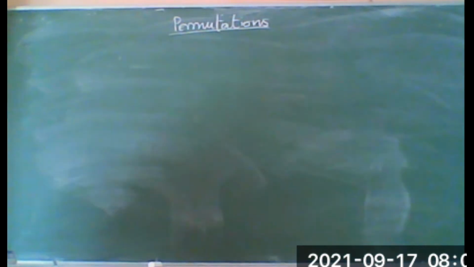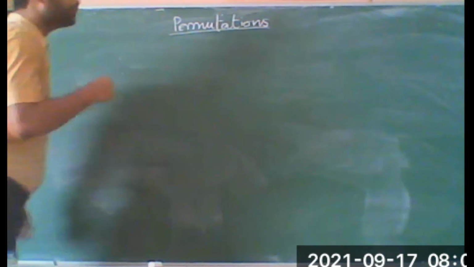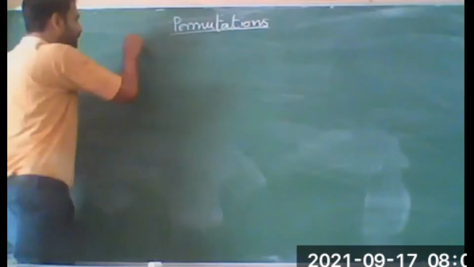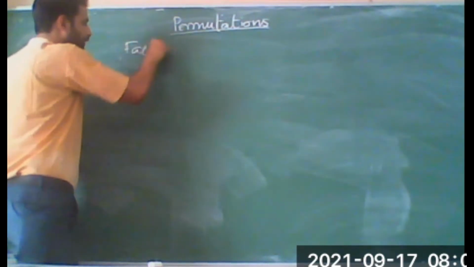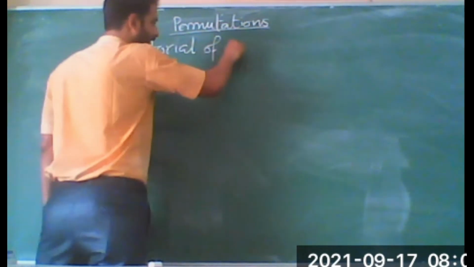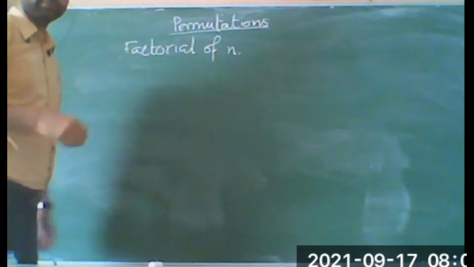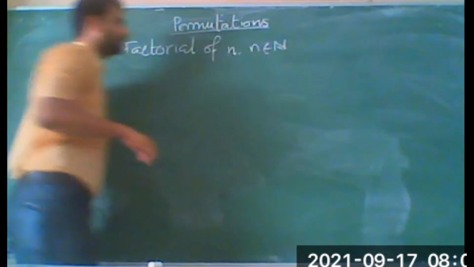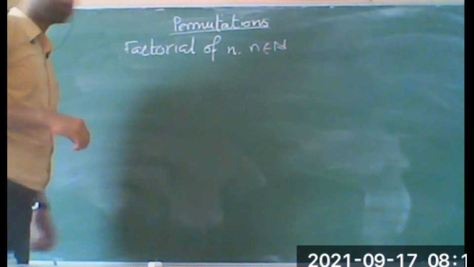We need a different way to measure, or count, and that we usually call the factorial of a number n, where n is a natural number.